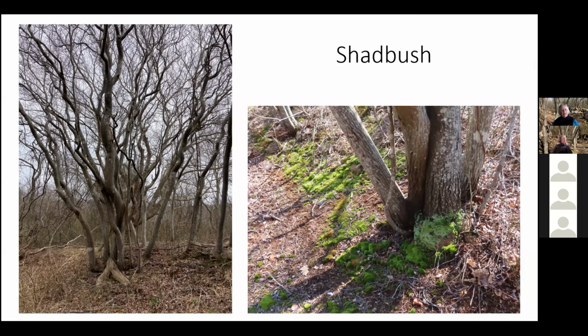And if you look carefully, or maybe don't look too carefully, you see almost a red haze around in here. That is because there are tons of tiny little leaf buds on the shad coming out now. That's giving it a slight mauve look.